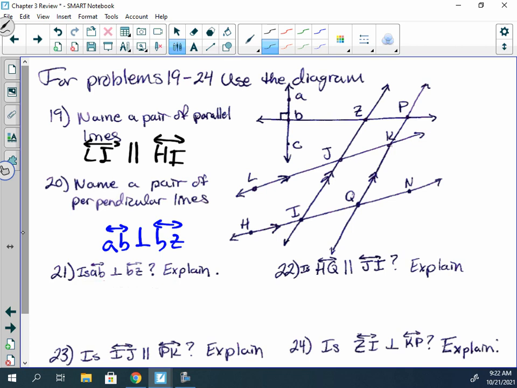And the reason we know that they're parallel is because of our parallel symbols, because the sets of arrows will show that they are parallel. We just need to make sure that when we're doing that we're matching up the same number. Because when one set appears, any other that has one set of arrows is going to be parallel. The other, since they have two, they're parallel to each other.